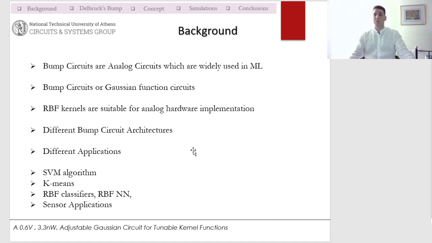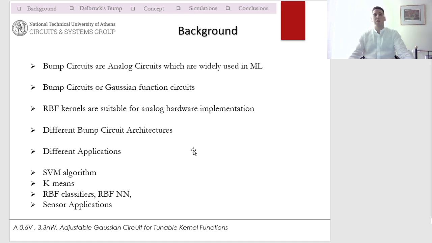Data classification and regression problems are solved by machine learning methods, many of which use Gaussian functions as activation functions. These functions can be easily implemented in hardware by analog circuits, which are well known in the literature as bump circuits or Gaussian function circuits, as I already referred.